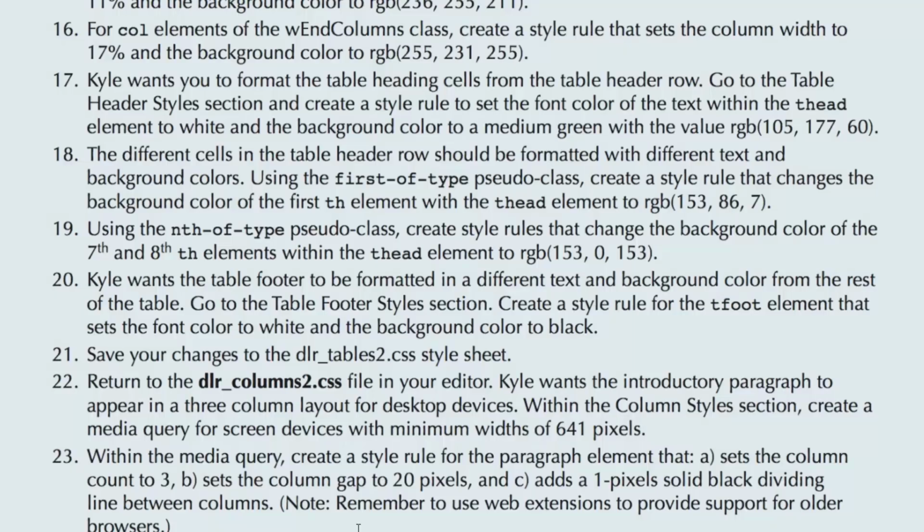In step 17 now, Kyle wants us to format the table heading cells from the table header row. So we'll go to the table header style section in the style sheet, create a style rule to set the font color of the text within the THEAD element to white and the background color to a medium green with a value of RGB 105, 177, 60.